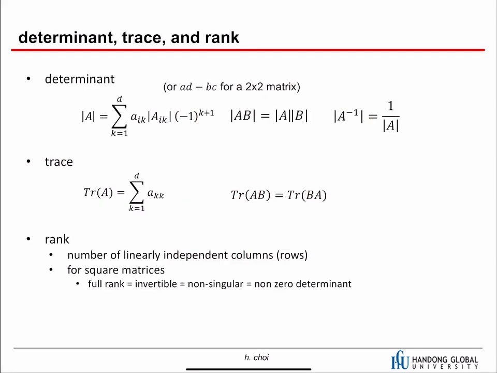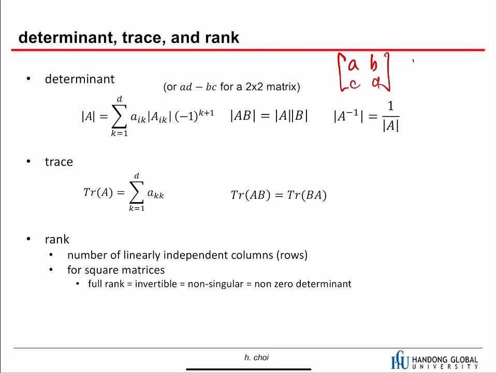Still we are talking about matrices here, and when we have a matrix, there are a couple more operators. The first one in this slide is the determinant. Do you remember how to calculate the determinant of a 2 by 2 matrix? Given a 2 by 2 matrix A, B, C, D, how can we calculate the determinant?